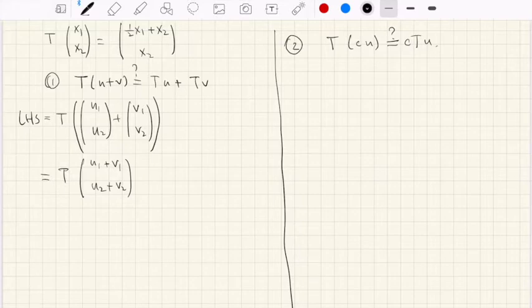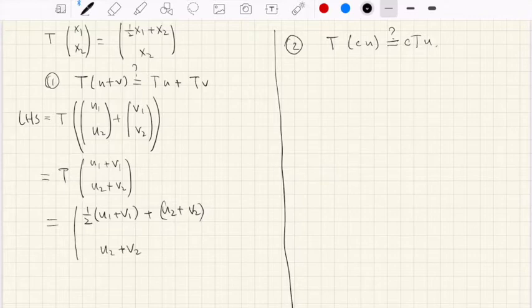And then by the definition, the mapping goes to half of the first coordinate, and the second coordinate is the same. Now we're going to separate that to match the right-hand side of the equality.